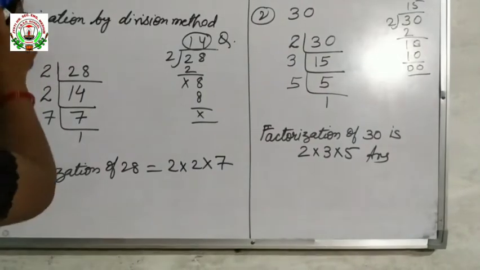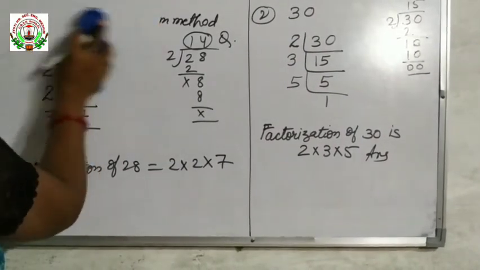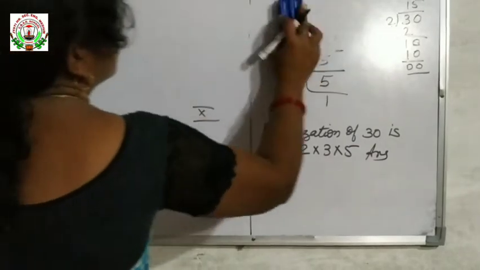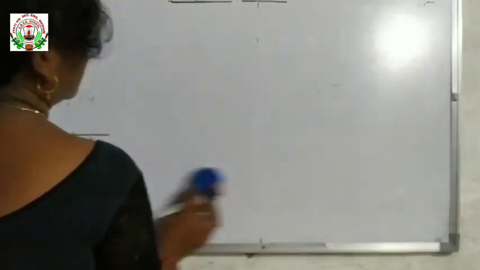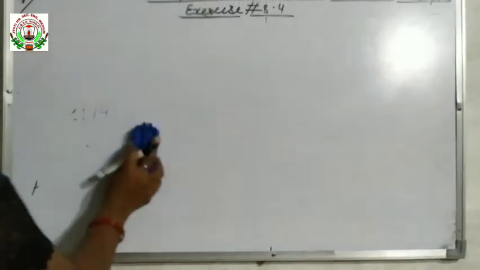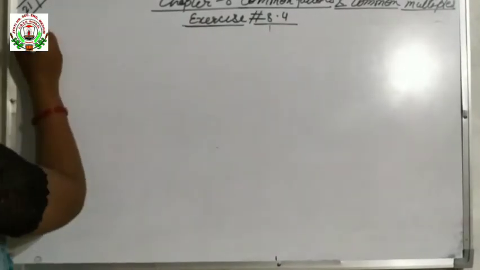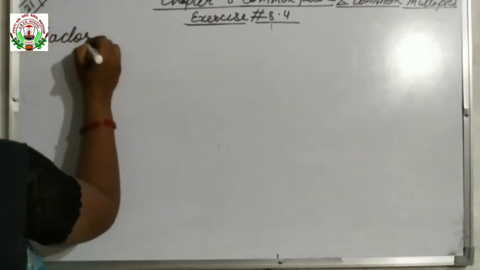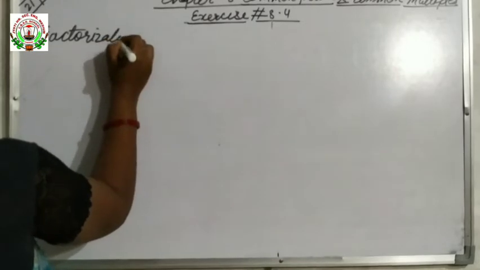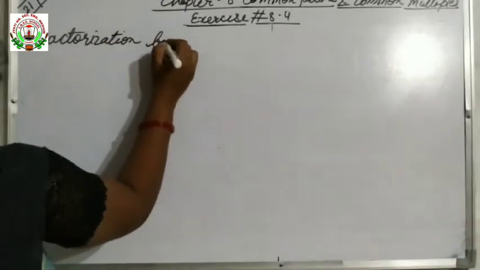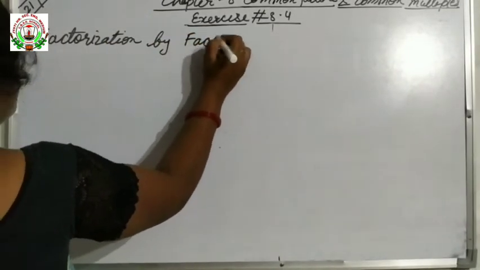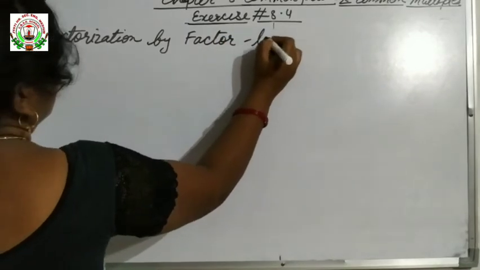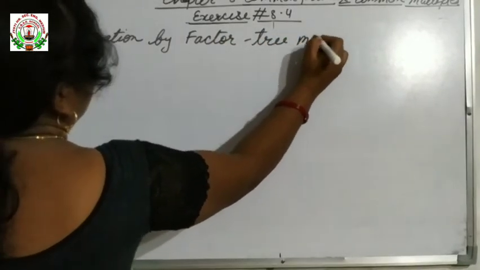Now next we will see factorization by factor tree method. The number 2 method is factorization by factor tree method.